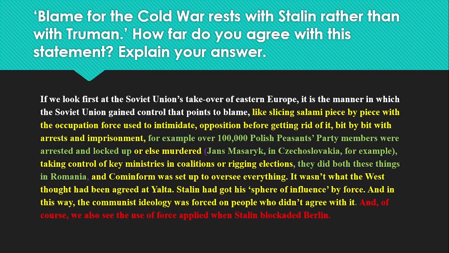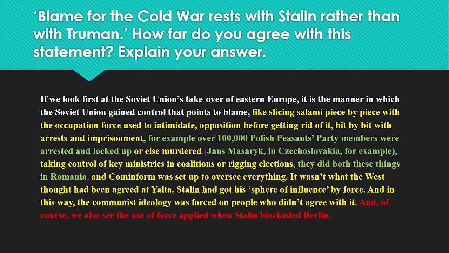And 1 or 2 paragraphs saying, hold on, look at what Truman did. I would definitely have a paragraph on the Soviet Union's takeover of Eastern Europe, and that's what I share with you here. Again, you should pause so that you can then carefully read my paragraph.